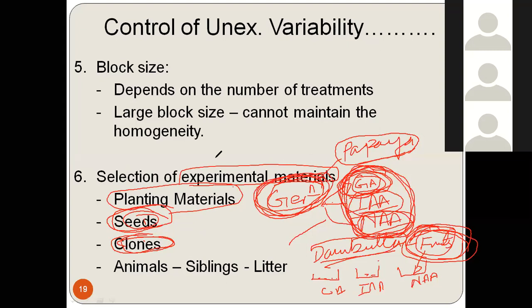That is why, for example, in animal science, people specializing in animal science can think about it. Suppose I am going to do an experiment with three or four diets, say four diets.